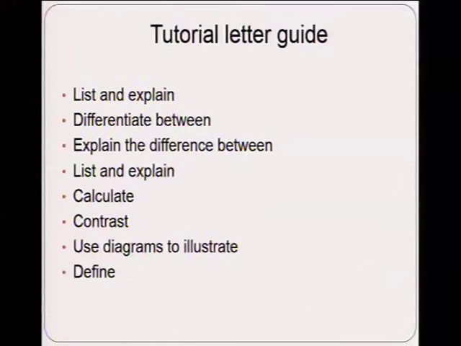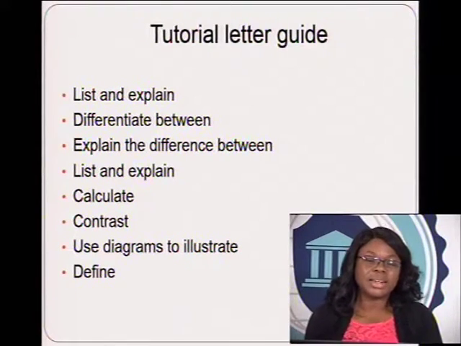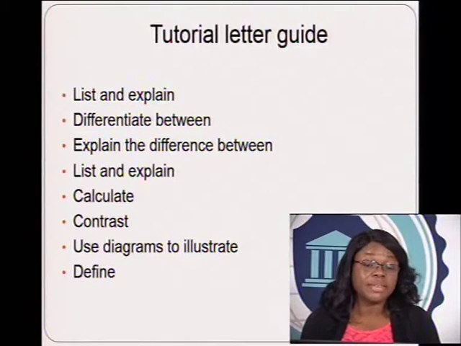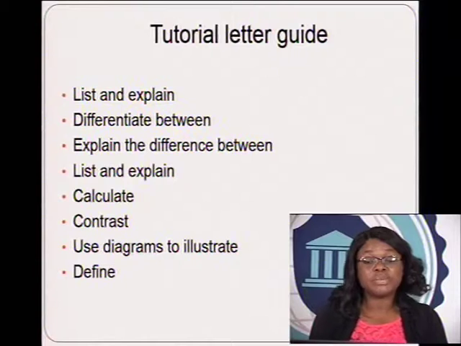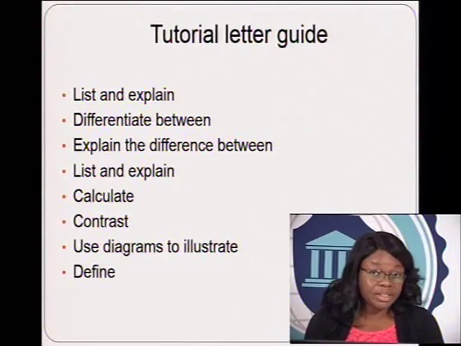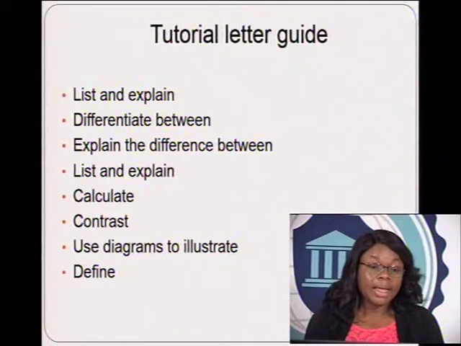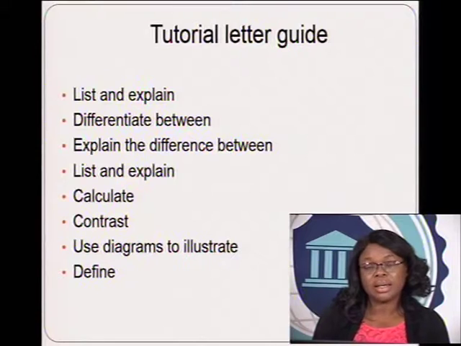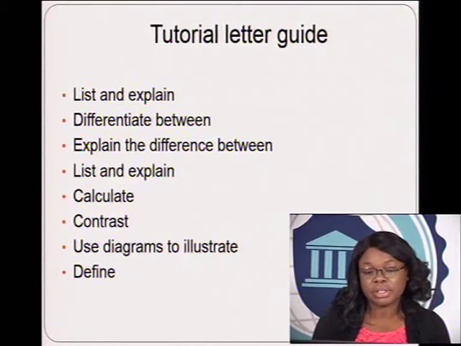Now let's quickly go through the tutorial letter that you have received for 2018. We come across concepts like list and explain. You need to list first and explain what you have listed. Differentiate between: you need to define the two concepts and talk about the differences between them. Explain the difference between: explain the difference you understand between the two concepts in question.